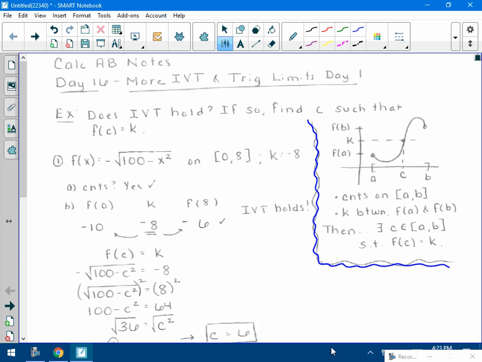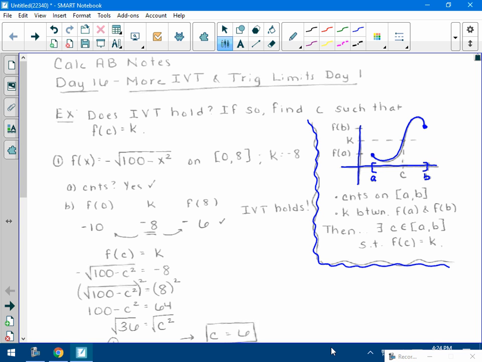So remember what the intermediate value theorem says. That says if you have a function that's continuous on the closed interval a to b, so I have some x value a to b, got some endpoint there, some endpoint there, and I'm continuous. So I have some function that connects the dots there without lifting my pen.